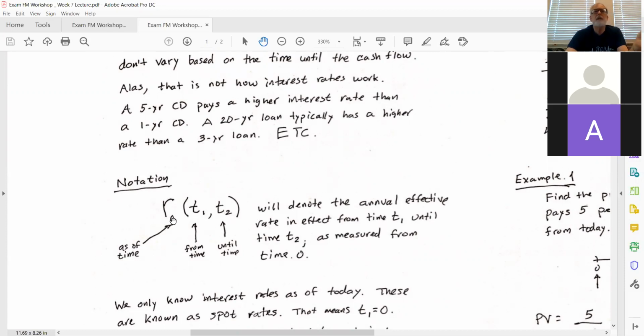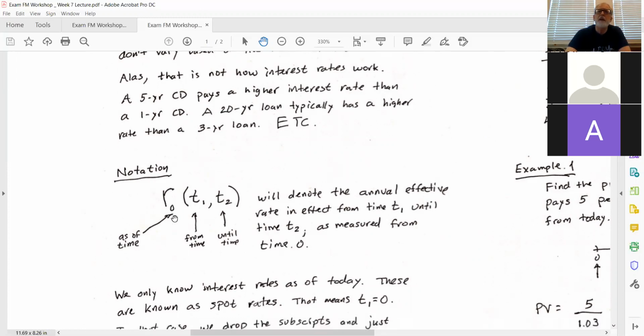The only reason we need that is you only know interest rates as of today. Nobody knows what interest rates will be tomorrow or 10 years from now. So why do we need this if we only know them as of today? Well, in some problems, it'll be, all right, now let's say 4 years have gone by. Well, if 4 years have gone by, at time 4, we will know what interest rates are then.